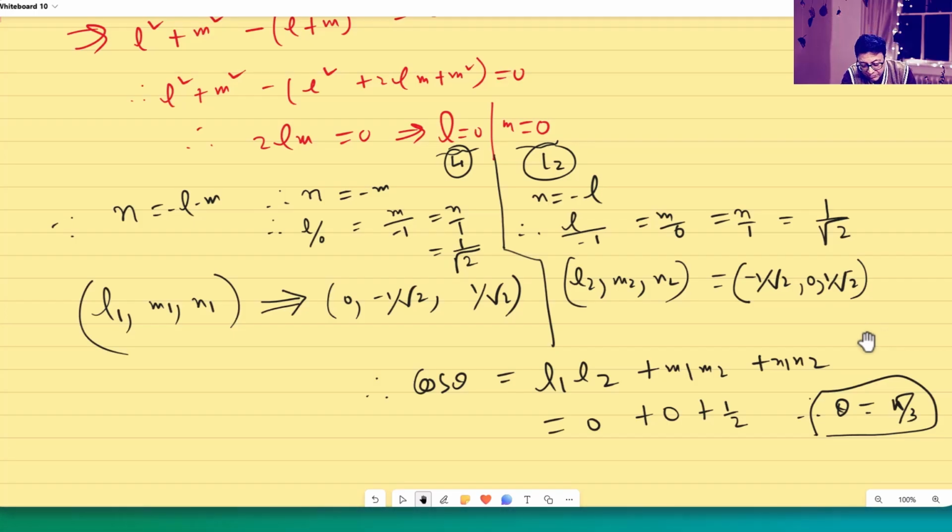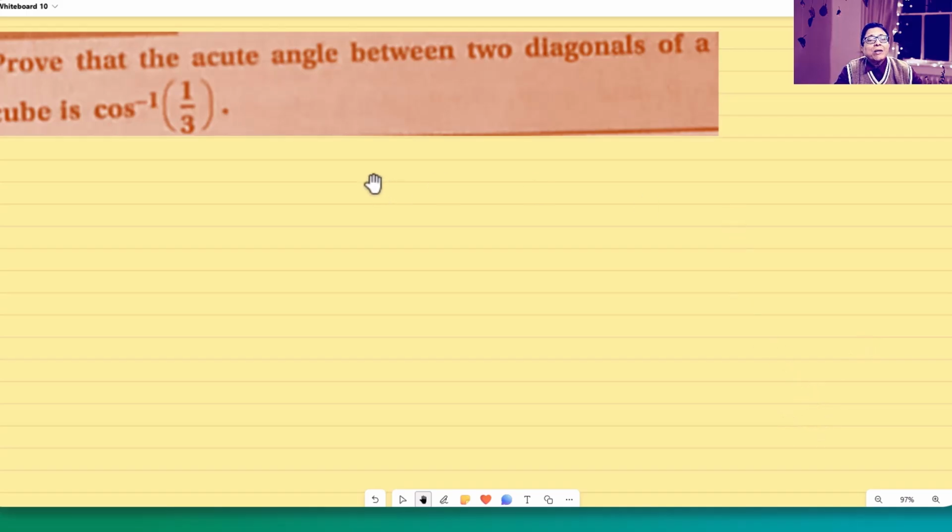Now we are going to prove that the acute angle between two diagonals of a cube is cos inverse 1 by 3. Acute angle between two diagonals of a cube. So we need to get a cube over there.